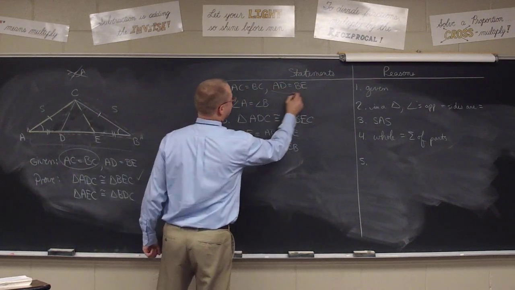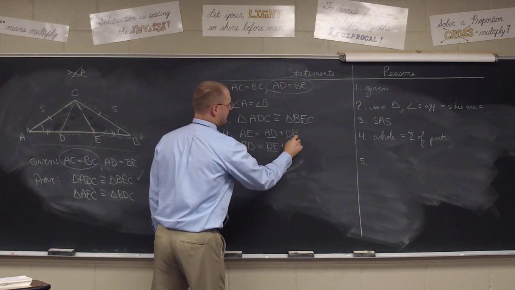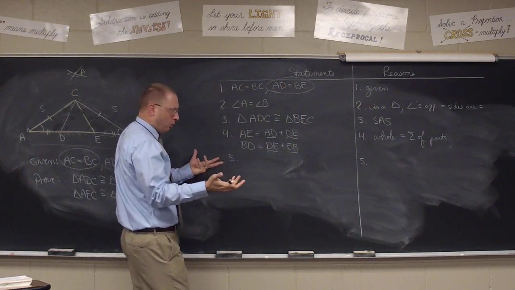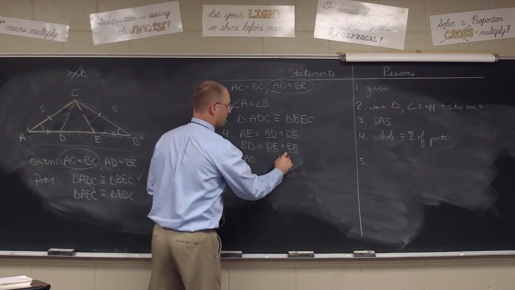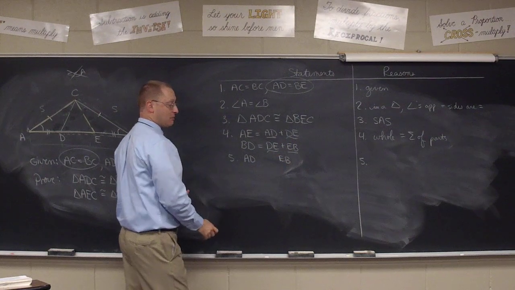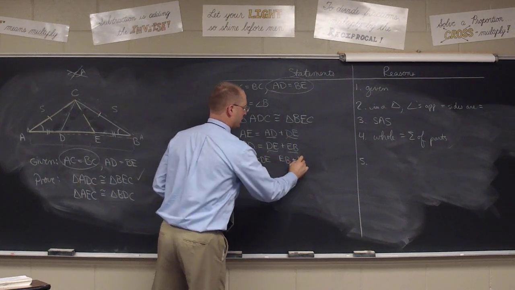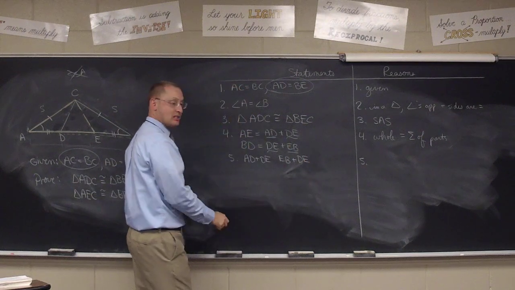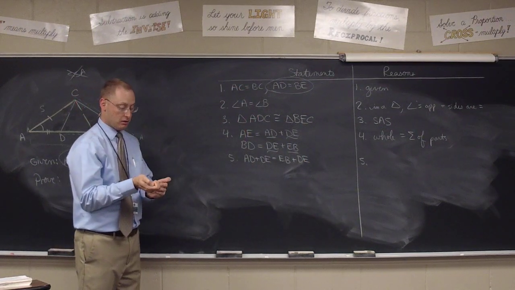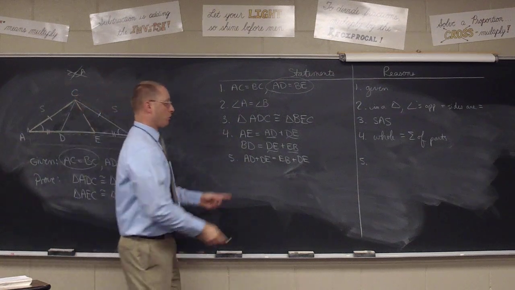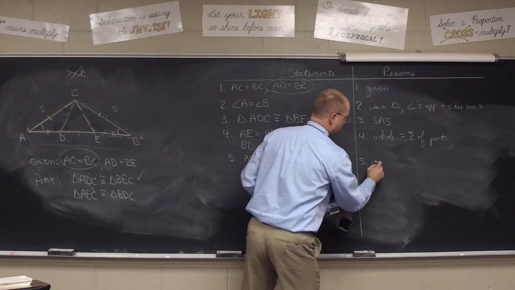But since we know that AD and BE are equal, and we know that DE is itself equal, then we could simply say that if equals AD and EB are added to equals, the sums, class, are equal. That's the addition axiom. We have equals here, we have equals here, equals are added to equals, sums are equal. Addition axiom.